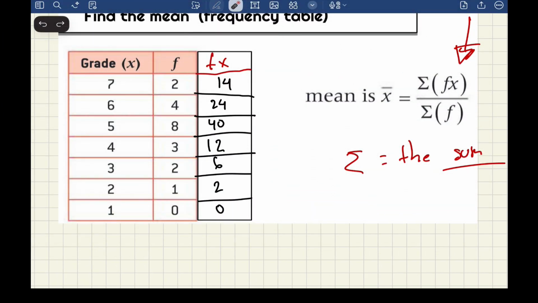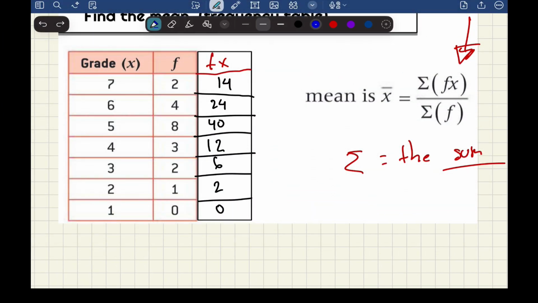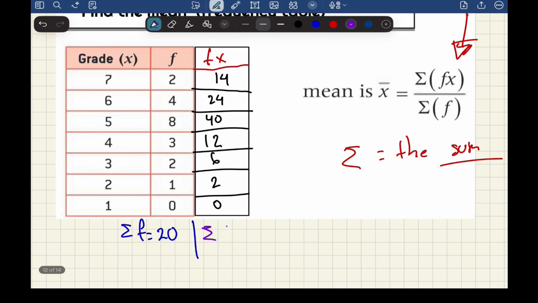So according to my calculator, the sum of frequency is going to be 20. Then the sum of the multiplication is 98. The sum of f times x is 98.